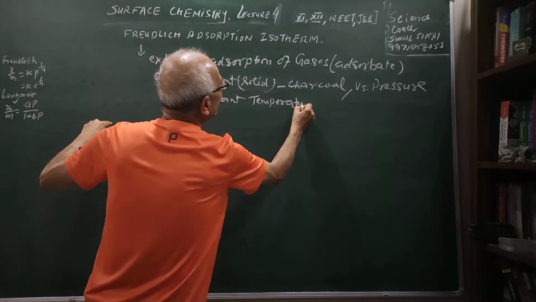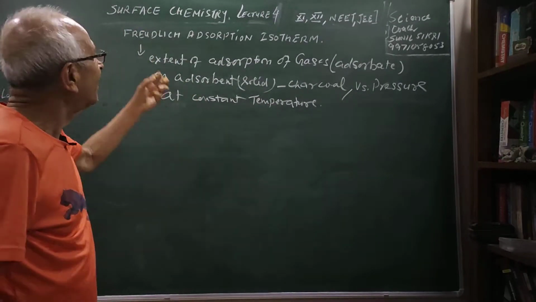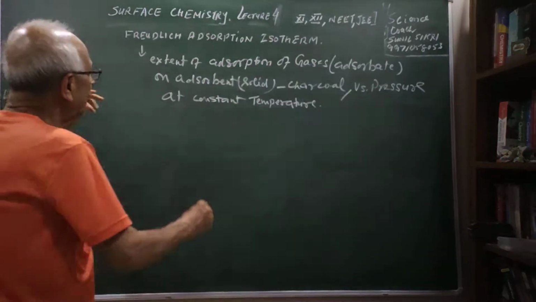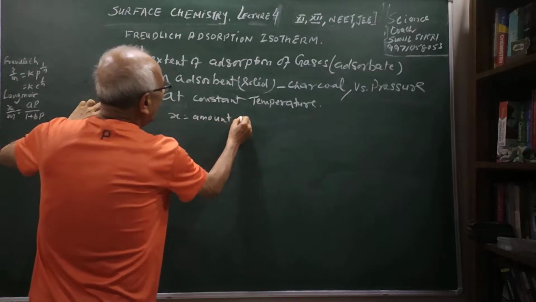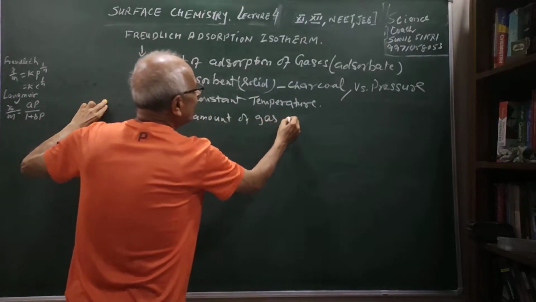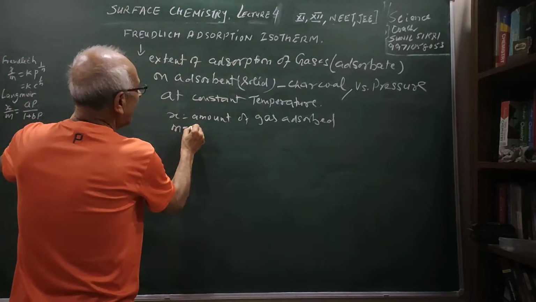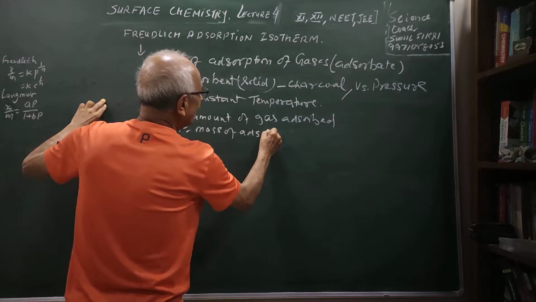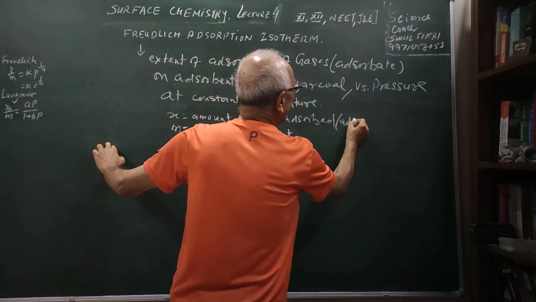What he did, he was doing experiments in which he studied the amount or the extent of adsorption of the gas. If x is the amount of gas adsorbed and m is the mass of adsorbent, this is our adsorbate.